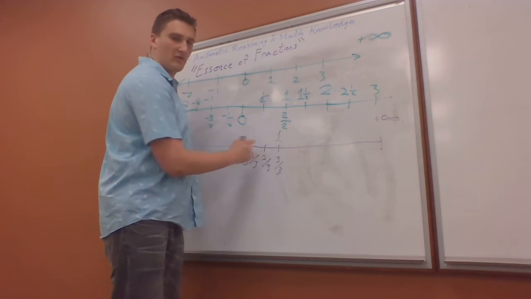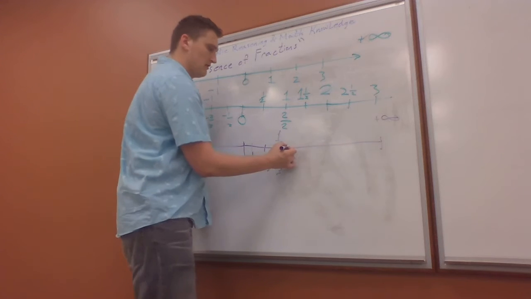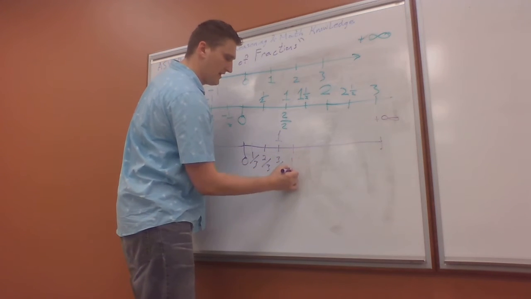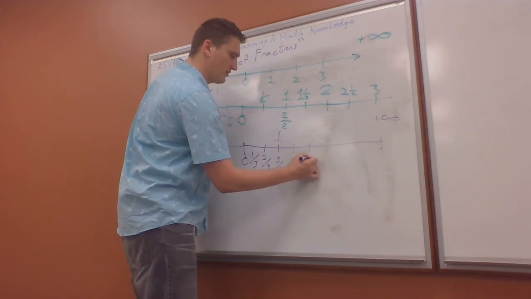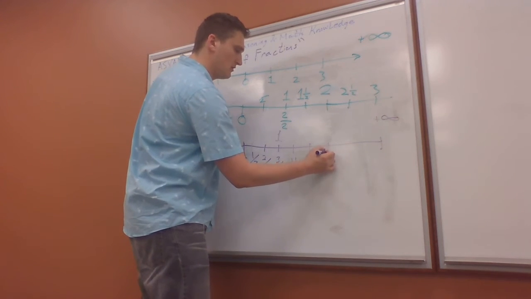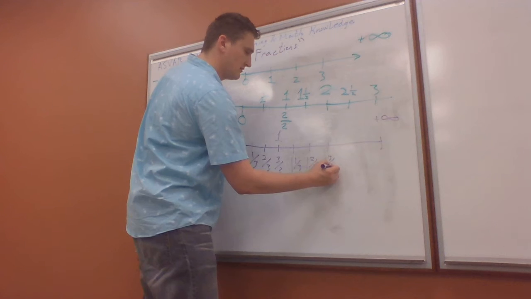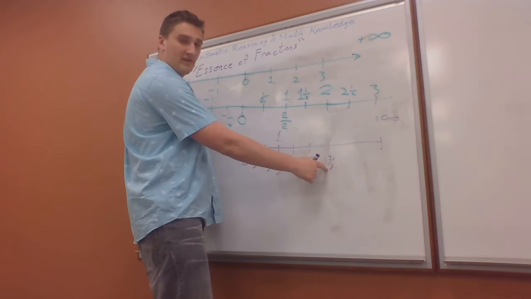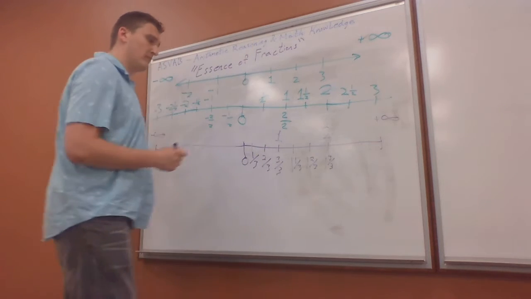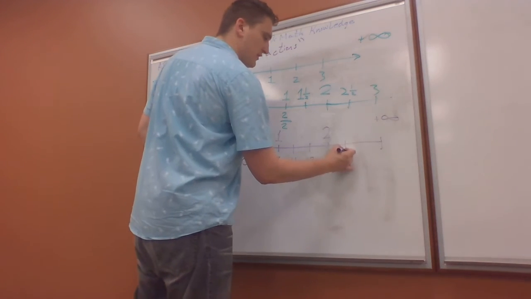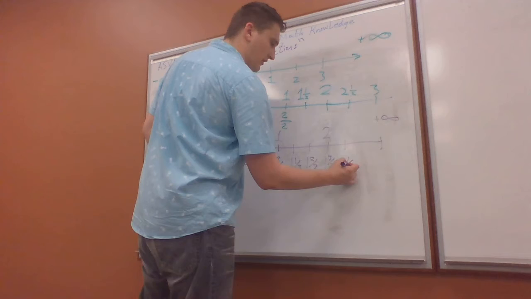So I'll go ahead and put a big 1 right there. So then I have 1 1/3, 1 2/3, 1 3/3. Oh, but that's basically 1 and then another 1. So that's going to bring me to 2. Go one step further, you'll get 2 1/3.